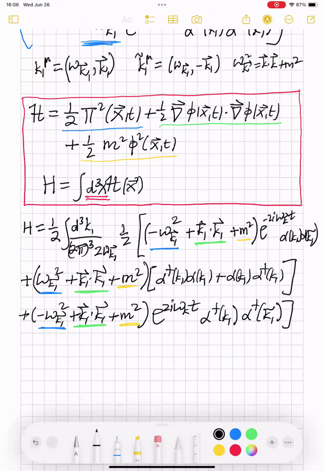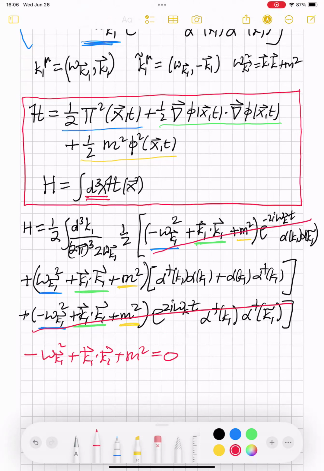And probably you've already seen it. We know that omega k squared is equal to k dot k plus m squared, which means, let's write it in a slightly different color, that minus omega k1 squared plus k1 dot k1 plus m squared is equal to 0. So the last term cancels out and the first term cancels out.